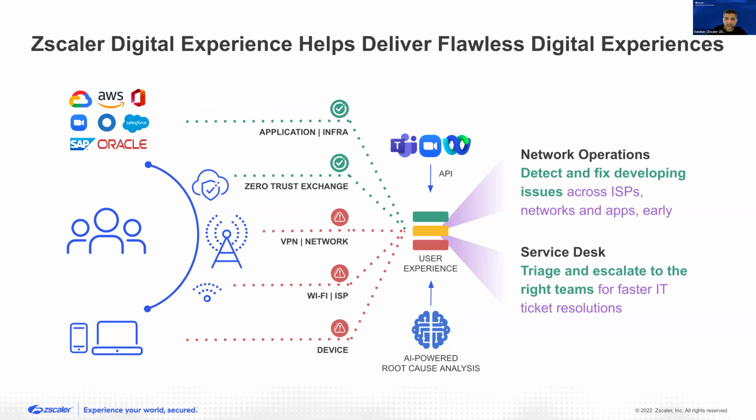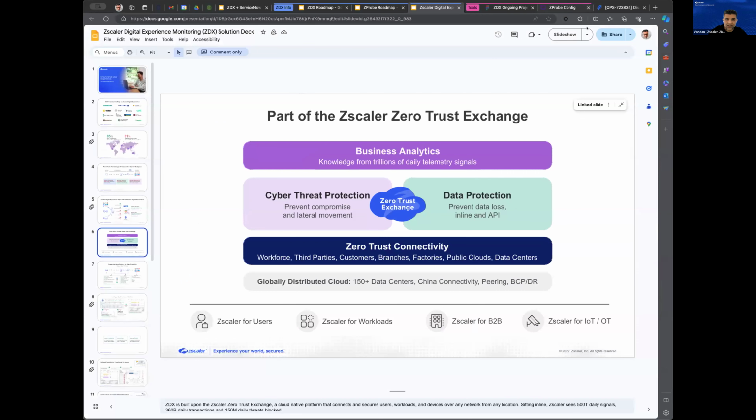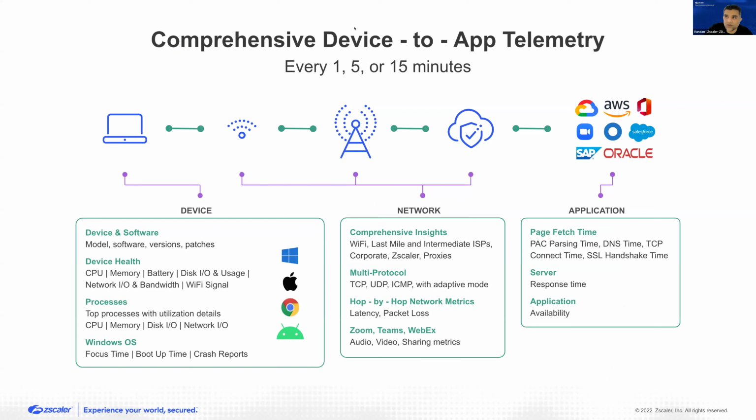And of course, we have done an integration with ServiceNow as well. That's one of our primary integrations that we rely on, where we send out any alert webhooks that you have set up on your ZDX client. They are delivered directly to ServiceNow.